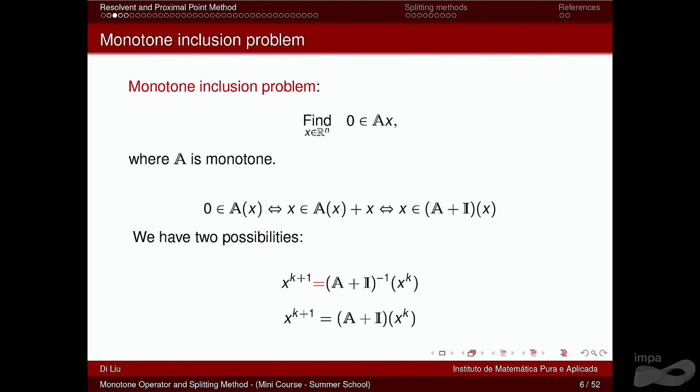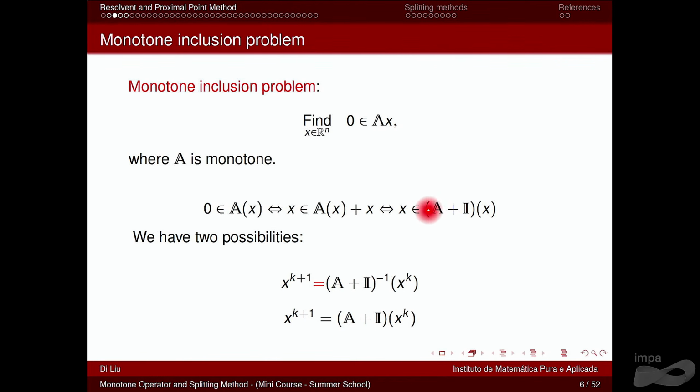Okay, so we recall what a monotone inclusion problem is. It's to find a point x such that 0 belongs to A x, okay, where A is monotone. It is equivalent to say that we want to find x such that x belongs to (A + I) x. By the analysis here, we have a fact that the solution of this problem is the fixed point of this operator.